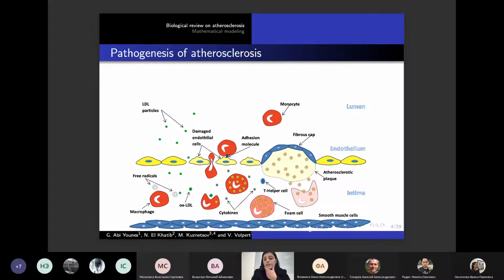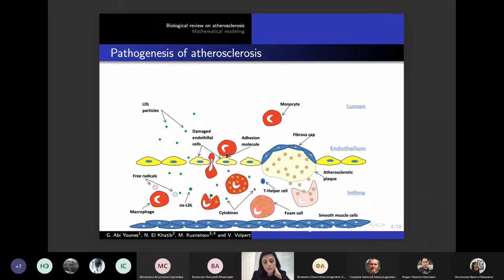When the endothelium is exposed to cardiovascular risk factors, the endothelial cells become damaged. They allow lipid particles like low-density lipoprotein, or LDL, to enter the intima, and they attract white blood cells such as monocytes to enter the intima. Once the monocytes are inside the intima, they become macrophages.